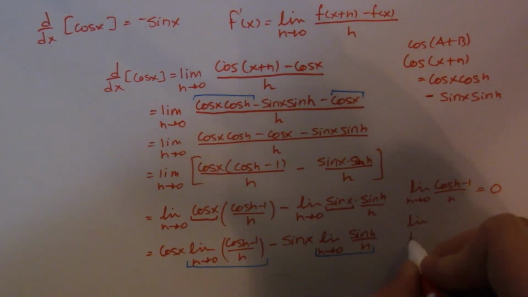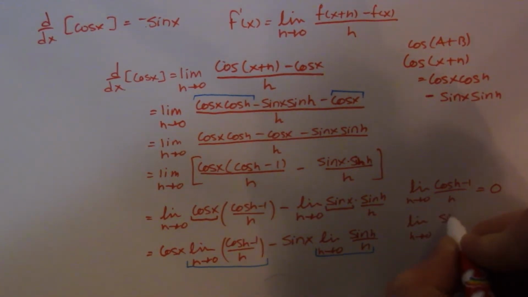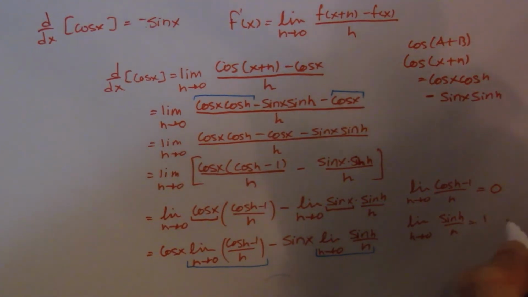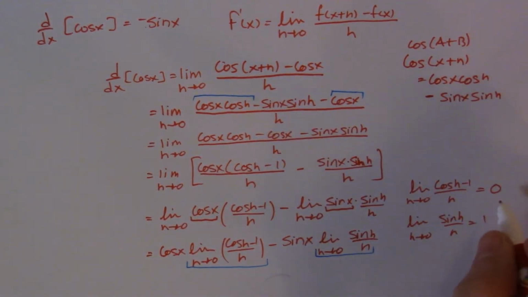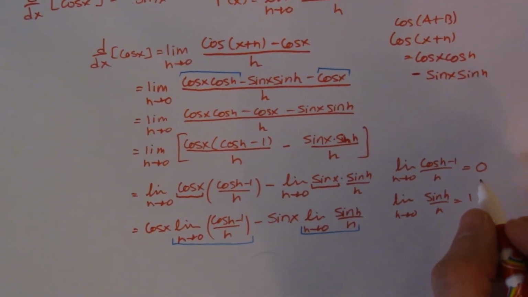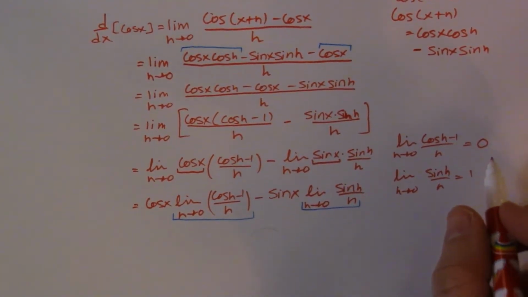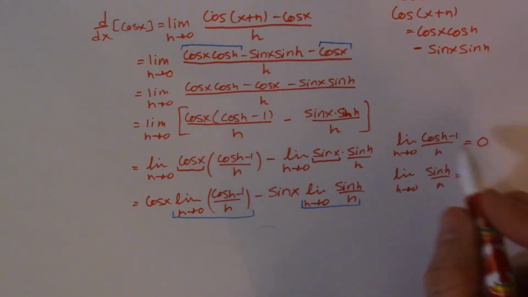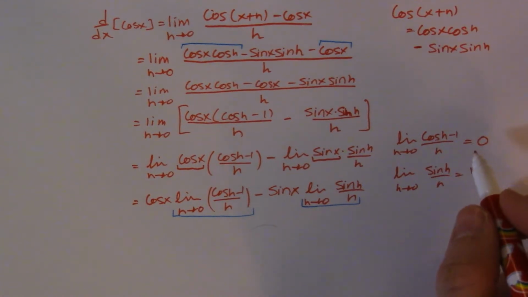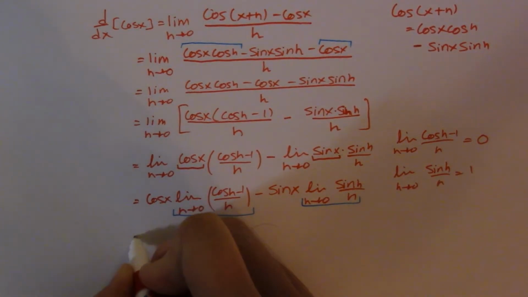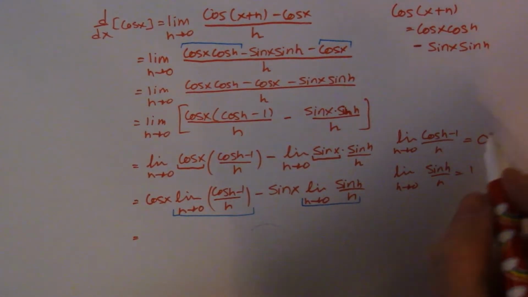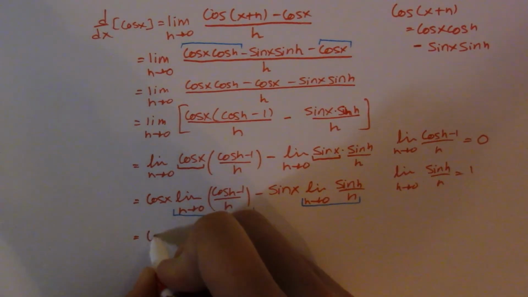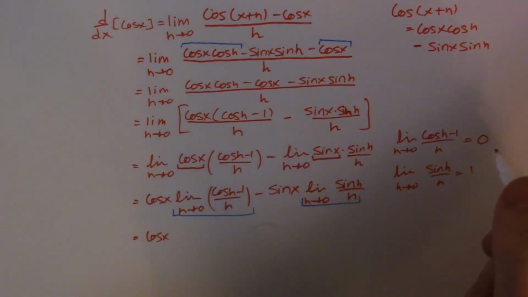And the limit as h goes to 0 of sine h over h is equal to 1. These are known given limits in trig derivatives, trig proofs and trig limits. If you're looking for a proof of these, you're going to have to check out another video. But for the sake of this proof, we can accept them as true, and that's what most people do because they are true. We can't spend our entire proof proving things.